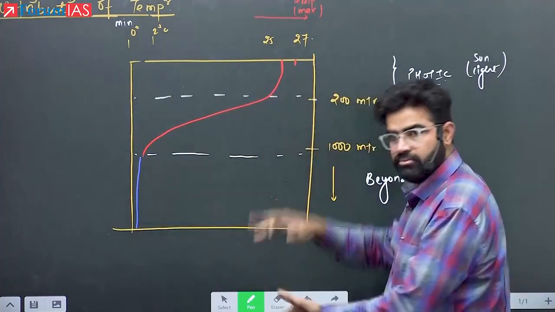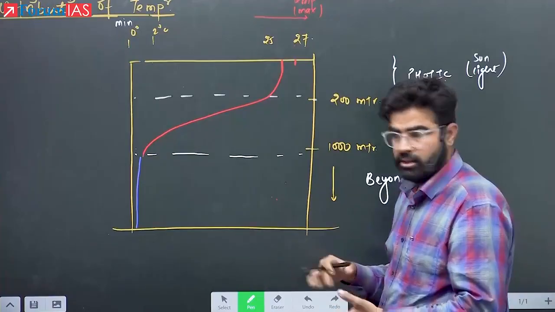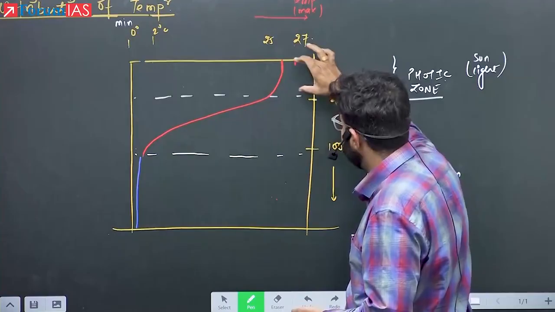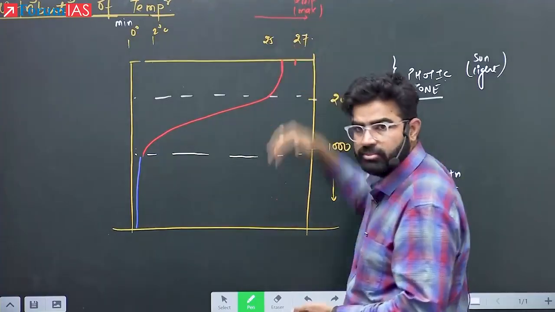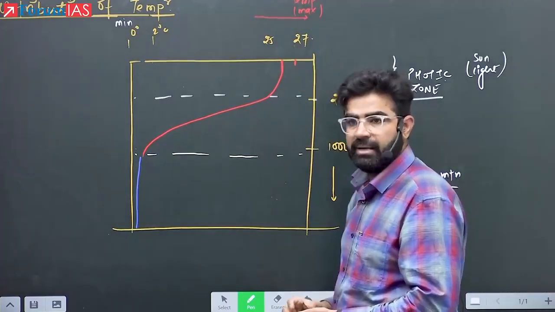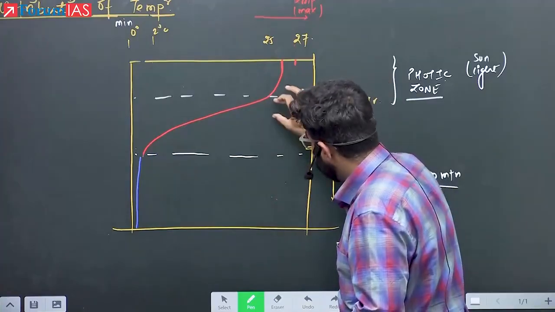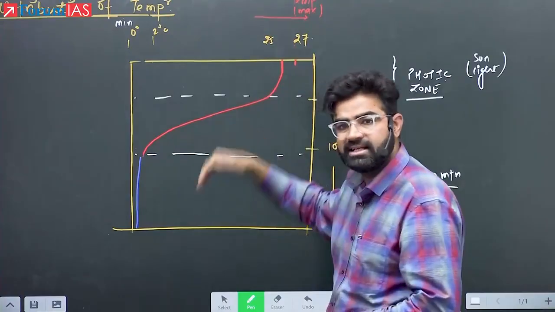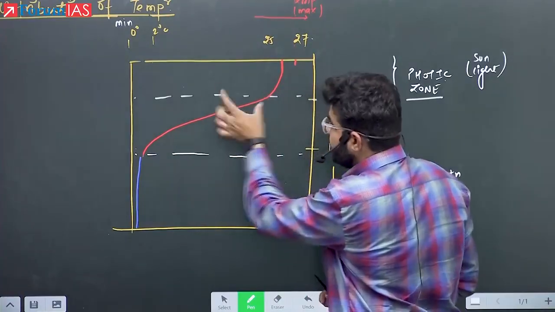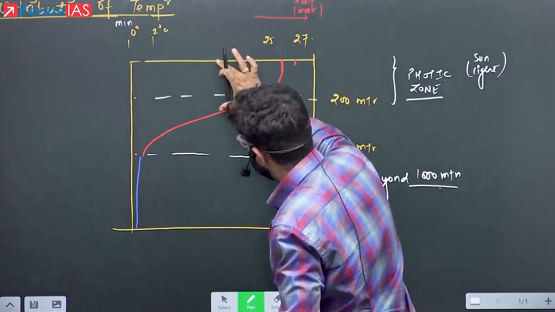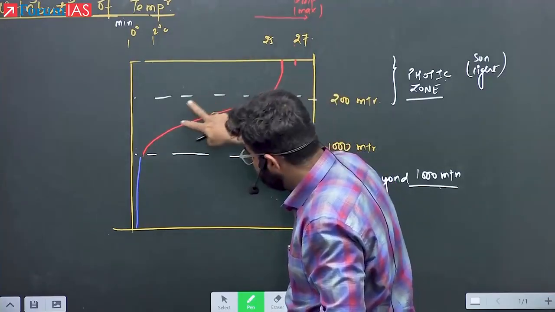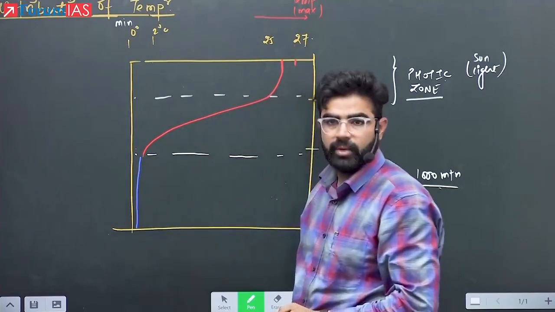Because in the bottom we have the cold denser water which is separated by this layer, that is 200 to 1000, by the upper layer. Why upper layer has the more temperature? Because of sunlight is penetrating here. And why this area is registering very fast decline? Because it is now you can consider this is let's say up to 300 meter. Sunlight penetration has been stopped now. And now onwards the temperature will go down very quickly.